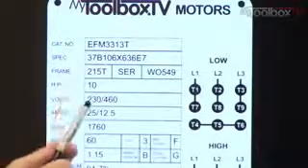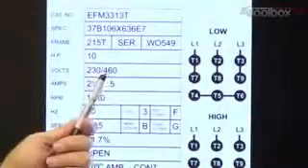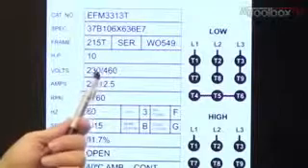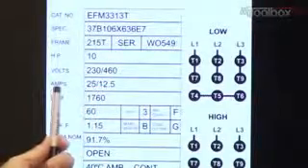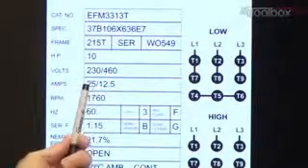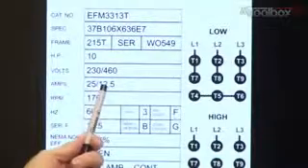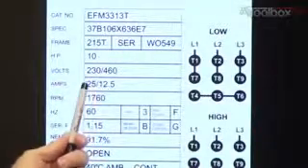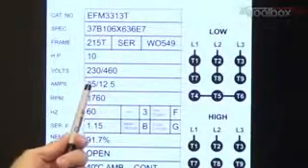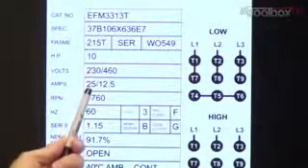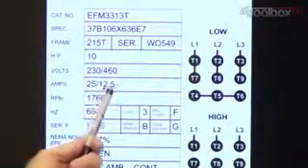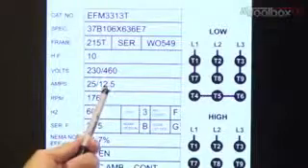The next line is voltage. This particular motor is dual voltage. It's 230 and 460 volts. Right below the voltage you'll see the amperage, and you'll see it says 25/12.5. The 25 is the current that this motor will draw at 230. The 12.5 is what it draws at 460 volts.